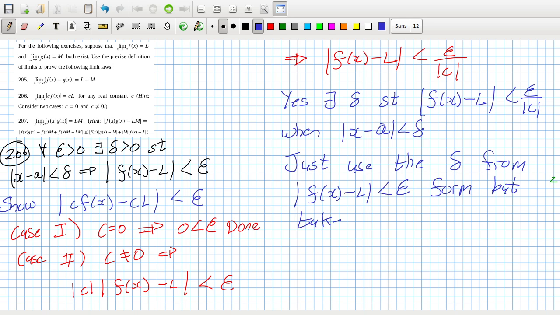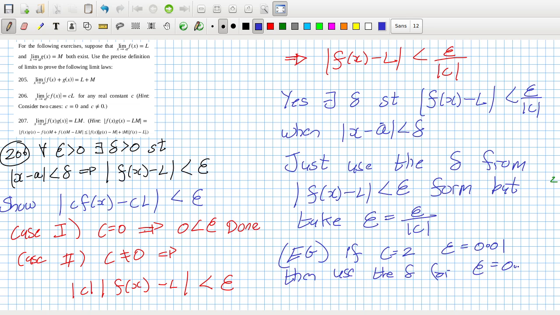but take the epsilon as epsilon divided by c. So I should maybe use different epsilons because it's looking like I'm saying the same thing. For example, if c equals 2 and epsilon equals 0.01, then use the delta for an epsilon equal to 0.005.